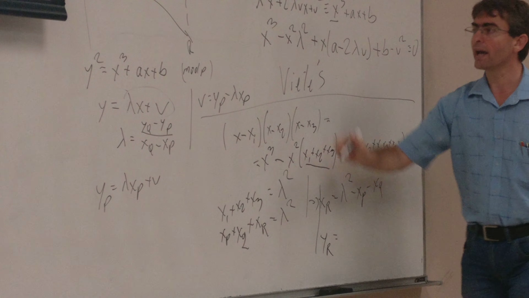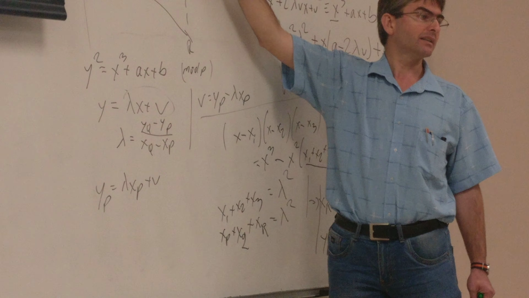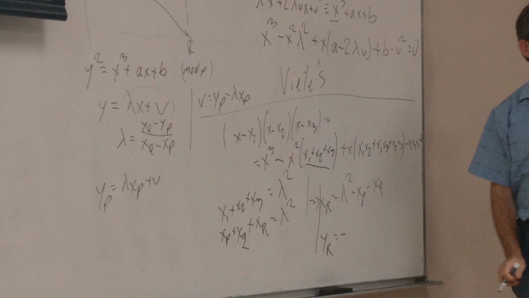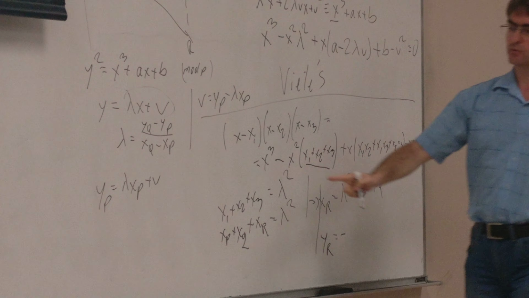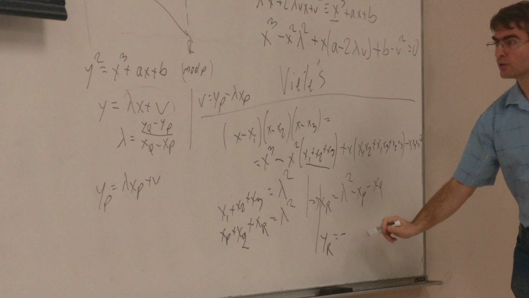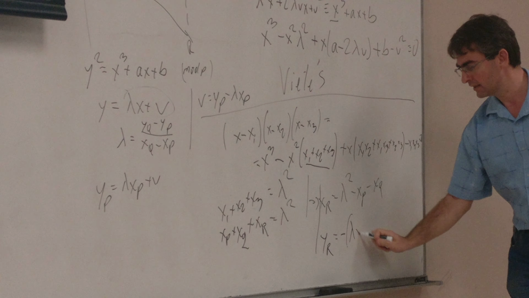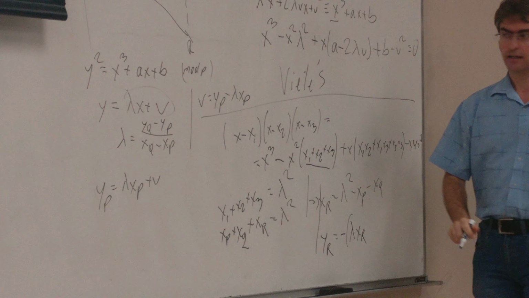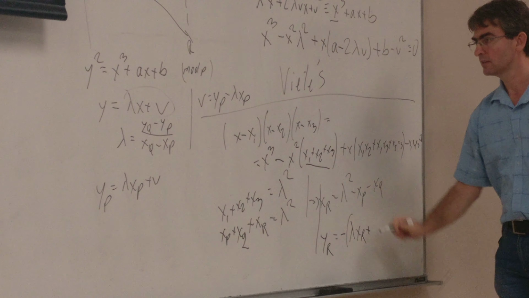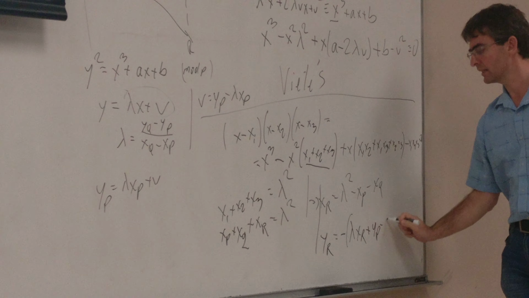So yr is the symmetric of yr prime, so it's minus, and yr prime is the value of this function at the point xr. Therefore it's minus (lambda xr plus v), and v is yp minus lambda xp.